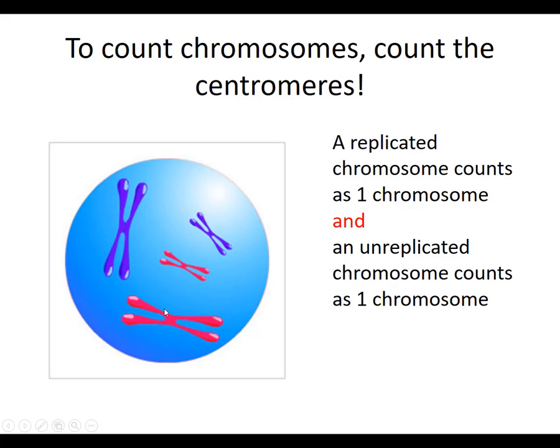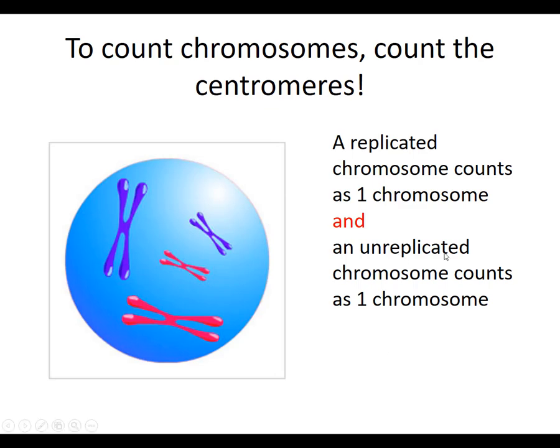So 1, 2, 3, 4 chromosomes. So this cell contains 4 chromosomes, and the chromosomes in this picture are shown in the dyad form. All right. So these are dyad chromosomes, or replicated chromosomes, and they each count as 1. So that's why I say there's 4 chromosomes.